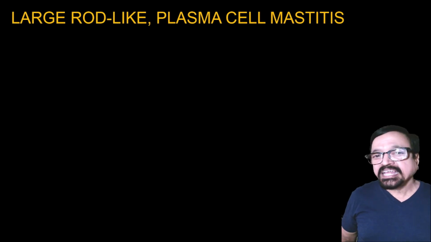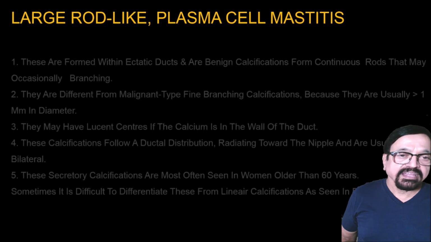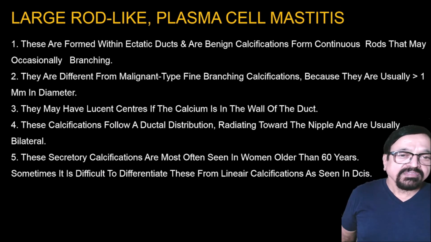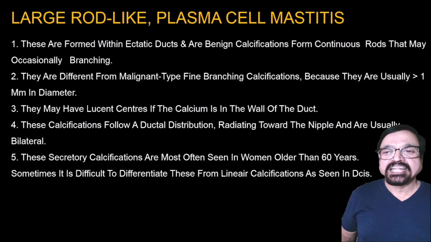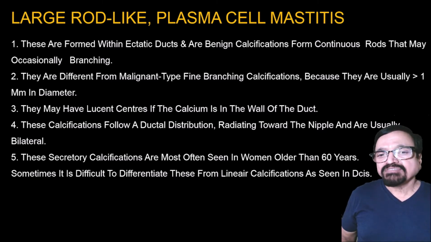Now large rod-like or plasma cell mastitis calcifications. These are formed within ectatic ducts and are benign calcifications. They form continuous rods that may occasionally be branching. They are different from malignant fine branching calcifications because those are usually less than 1 millimeter in diameter, while these are more than 1 millimeter in diameter.